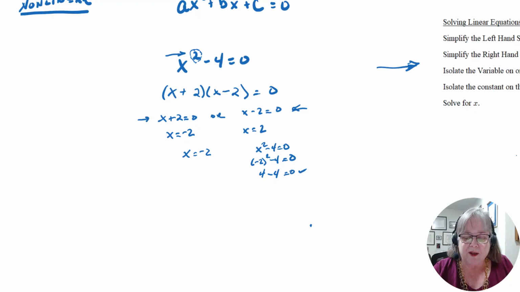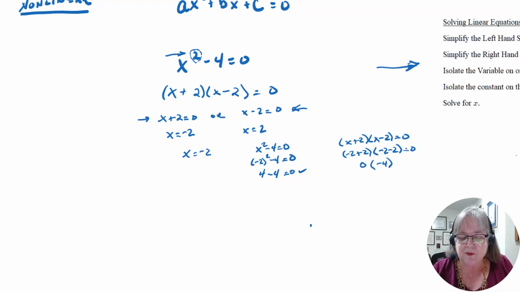Now, let's check it into this x plus 2 times x minus 2 is equal to 0, because you're going, I don't see that one. So if x is minus 2, you would have minus 2 plus 2 times minus 2 minus 2, correct? So minus 2 plus 2 is 0, and this is minus 4.